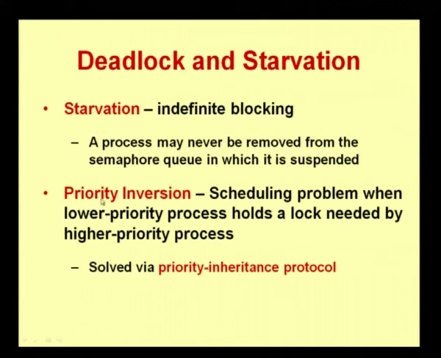Now, what is a priority inversion? Priority inversion is a scheduling problem when a lower priority process holds a lock needed by a higher priority process. So in this case, let us consider there are three different processes.